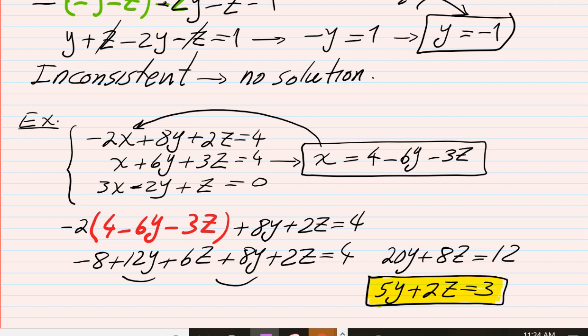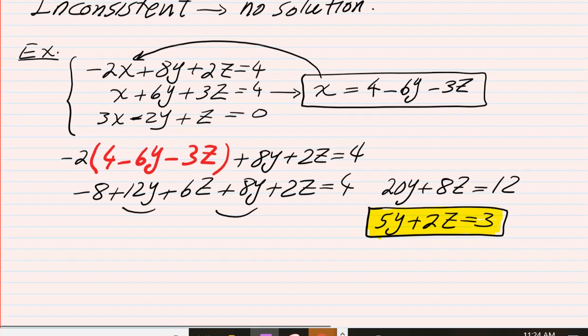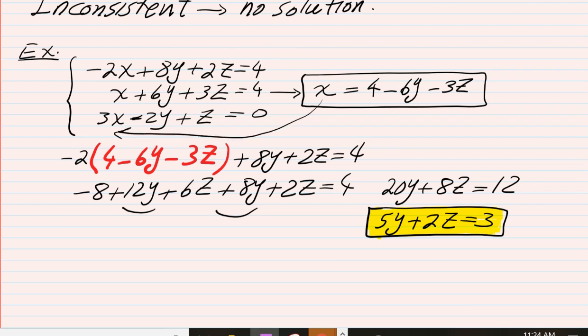Now, what we're going to do is substitute, remember I substituted just now in the first equation. Now we want to substitute for x in the third equation. So now it's going to become 3 times x, and x is 4 negative 6y minus 3z.